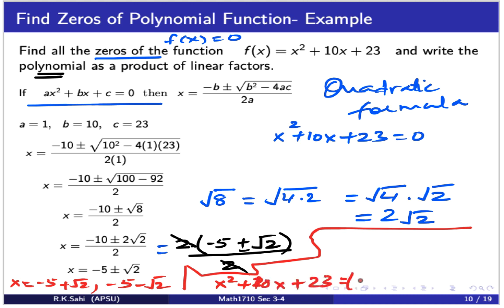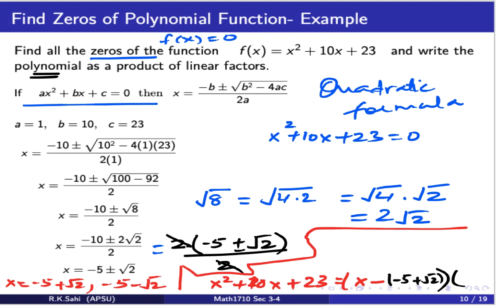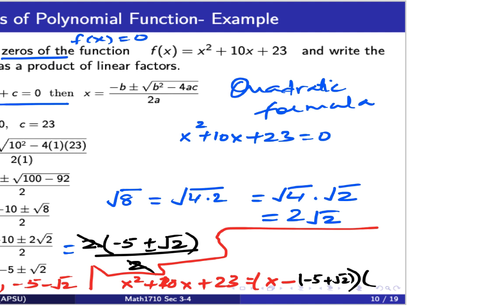This is written as x minus (minus 5 plus square root 2), times, okay, I'm running out of space, guys, so I'm just going to move a little bit because we need this one now, x minus (minus 5 minus square root 2). So when I open this up, I'm going to go to the top here, guys, to write the answer.